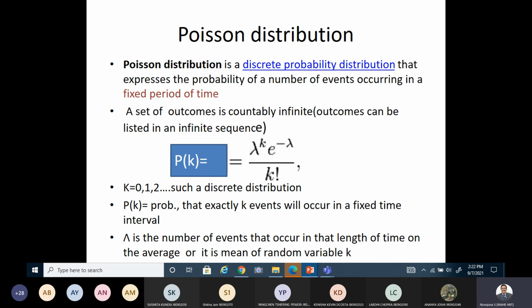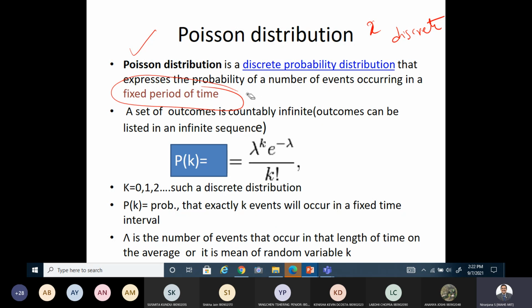It is a kind of distribution where the variable x is discrete. Whenever the variable x in a problem is discrete and you want to describe it with a distribution, you can choose the Poisson distribution, which expresses the probability of the number of events occurring in a fixed interval.